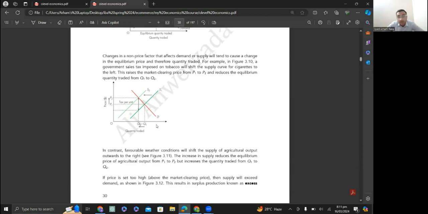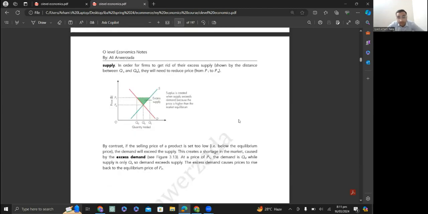In contrast, if there are any conditions which lead to an outward shift in the supply curve, this will increase the quantity demanded and also reduce the price of the product. There can be situations in which the price of a product might be above the equilibrium or below the equilibrium. For example, if the price of the product is above the equilibrium, that is P1, we can see that the quantity demanded over here is QD and the quantity supplied is QS.